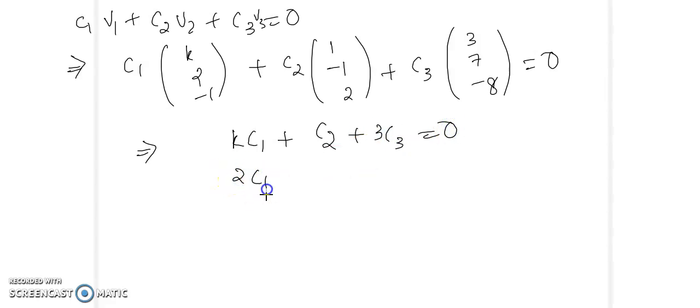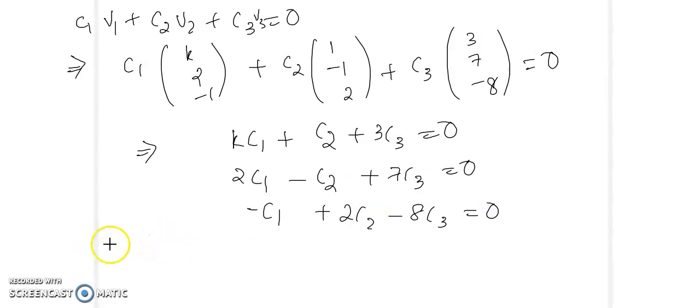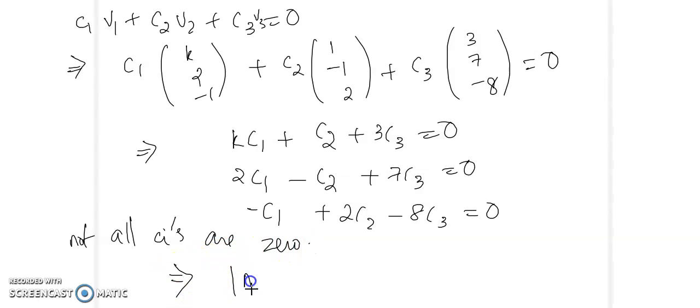Then 2C1 minus C2 plus 7C3 equal to 0. Then minus C1 plus 2C2 minus 8C3 equal to 0. So not all Ci's are 0 since the given vectors are linearly dependent. So that implies determinant of A will be equal to 0, since for a non-trivial solution the determinant of A, the coefficient matrix, must be 0.